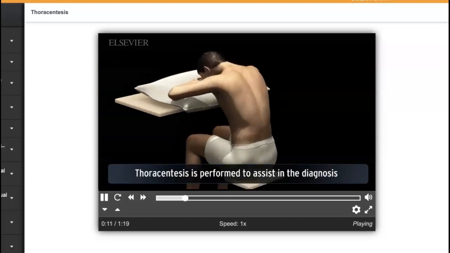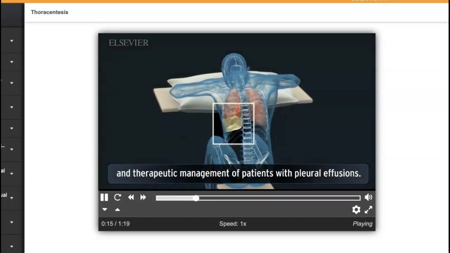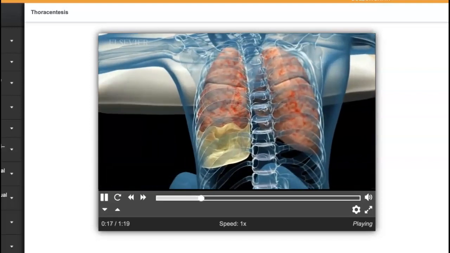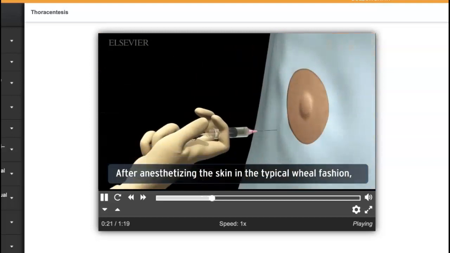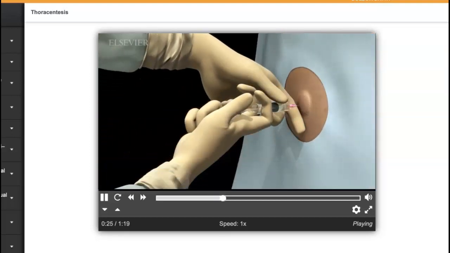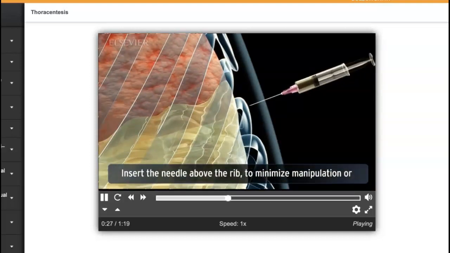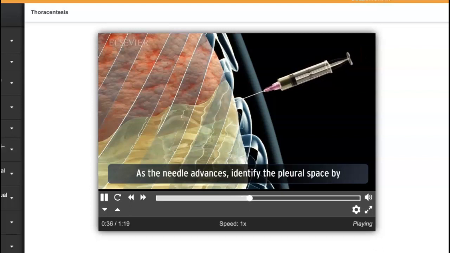Thoracentesis is performed to assist in the diagnosis and therapeutic management of patients with pleural effusions. After anesthetizing the skin in the typical wheel fashion, anesthetize the deep tissue. Insert the needle above the rib to minimize manipulation or laceration of the vascular bundle located beneath the rib. As the needle advances, identify the pleural space by the presence of pleural fluid aspirate in the syringe.